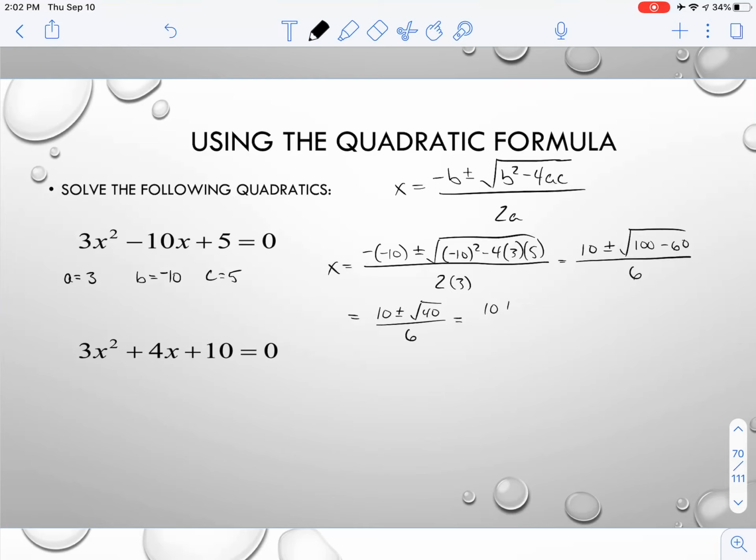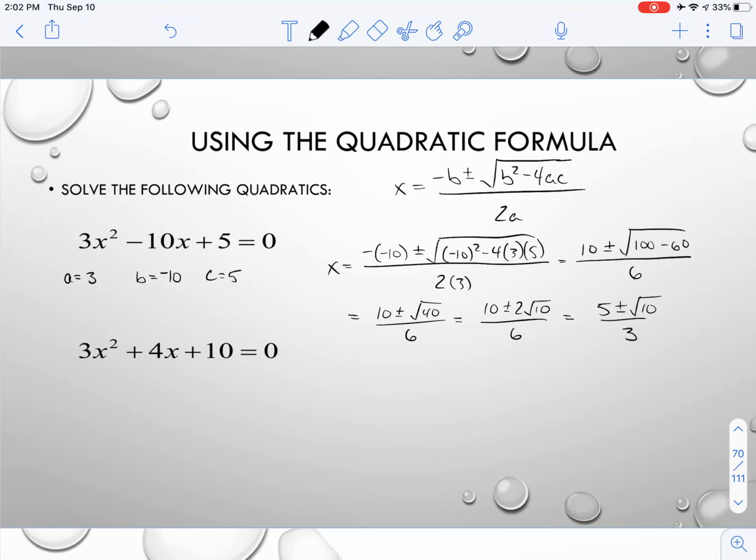The square root of 4 is going to be 2. So we're going to have 10 plus or minus 2 square roots of 10 divided by 6. Now, I need to look and see if I can reduce my coefficients on the outside. Do they have a common factor? In this case, they do, and it's 2. So I can divide everything by 2, and here we're going to get 5 plus or minus the square root of 10, all divided by 3. So this particular example actually came out to be real solutions. So I have 2 real solutions here.